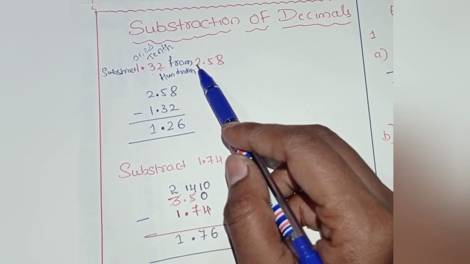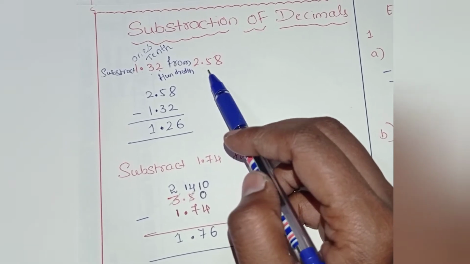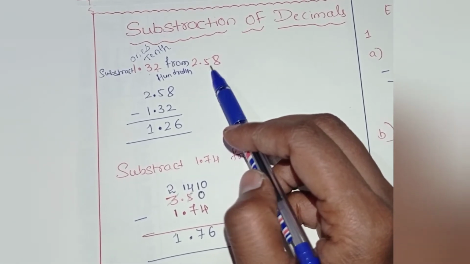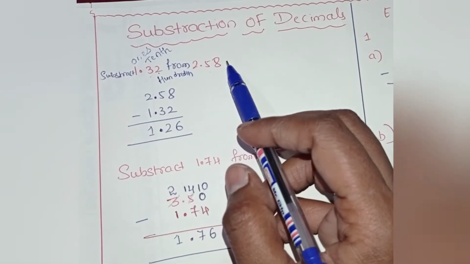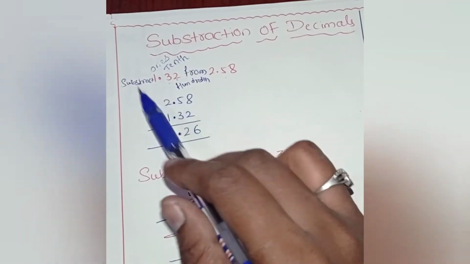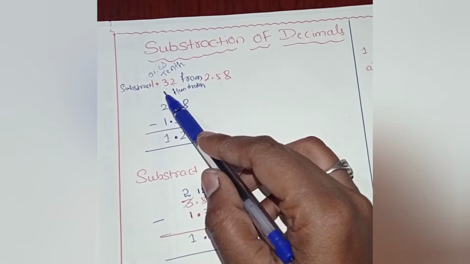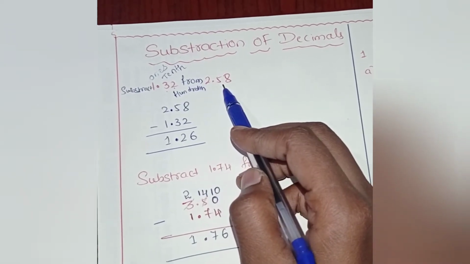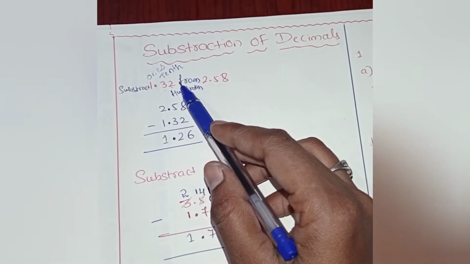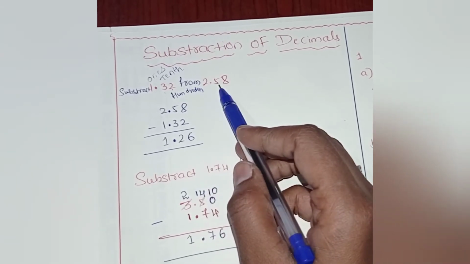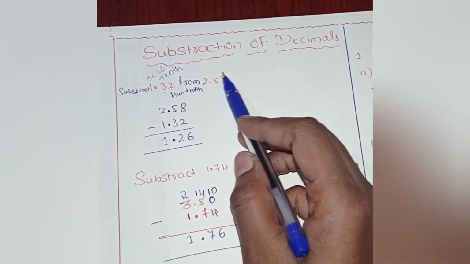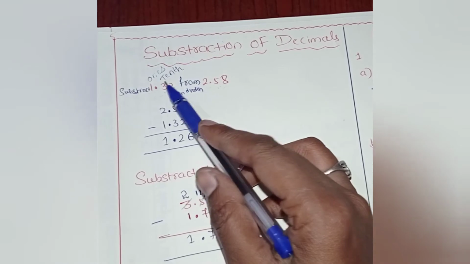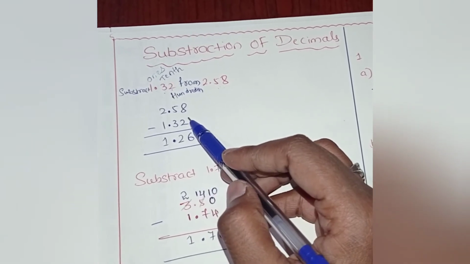And here ones, decimal point, tenth, hundredth, right? I subtract this number by using this number, okay? Here what they mentioned, from 2.58. From means this number should come above. This should be below, okay?